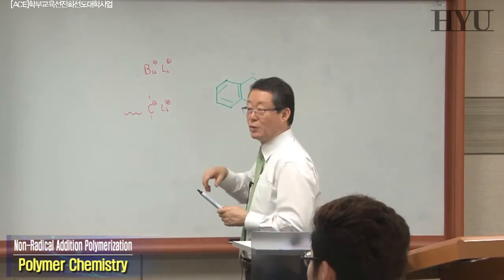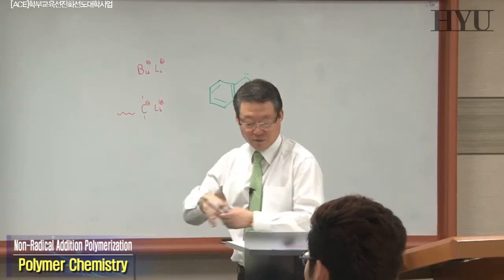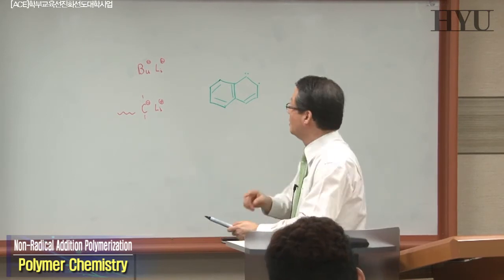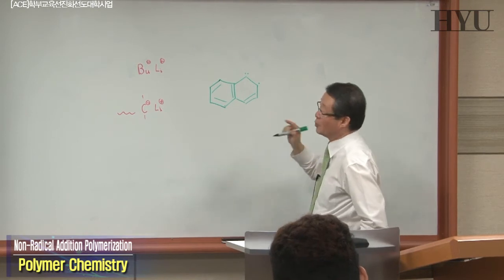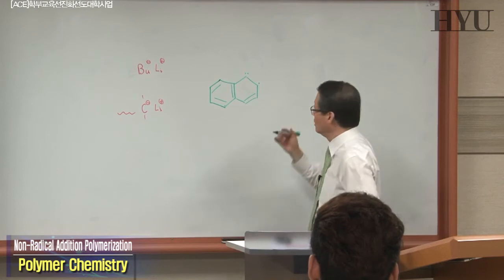And there is no way of expressing the radical over there; it will be something like this. What you can do is that potassium will donate an electron to the naphthalene.